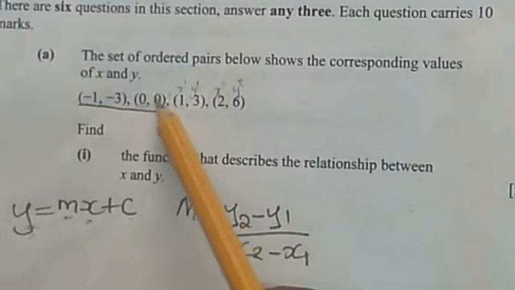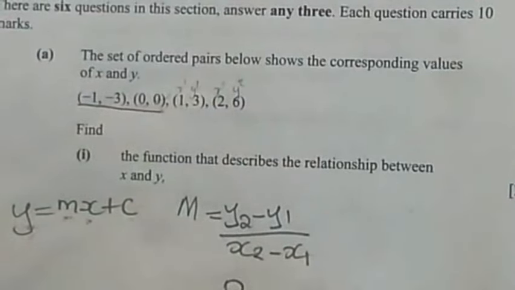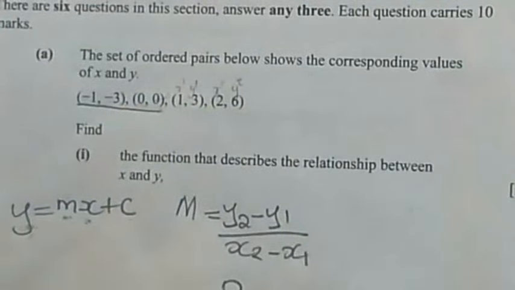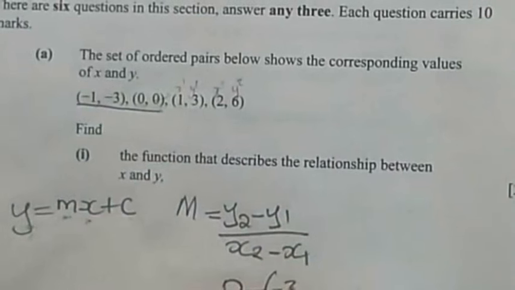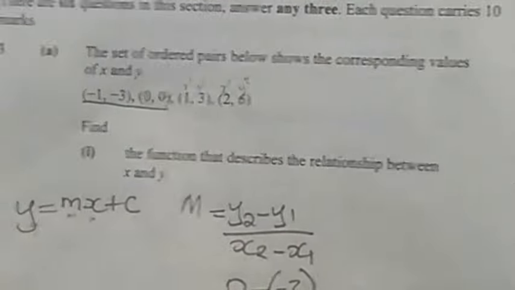Then we're going to say 0 minus y1. y1 is -3, so we say minus -3, over x2 minus x1.